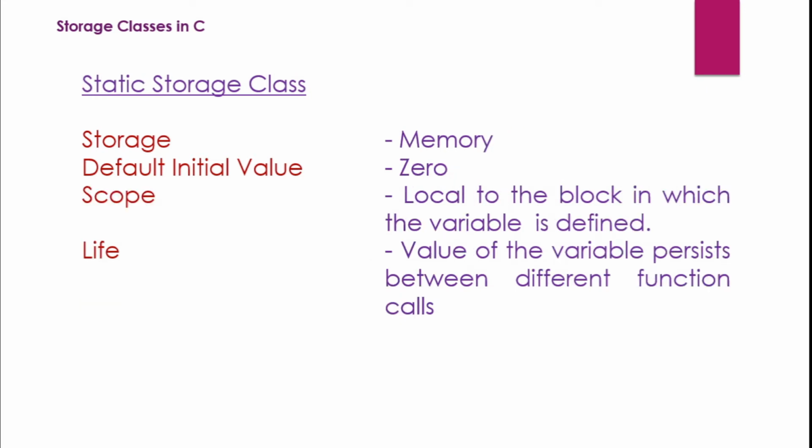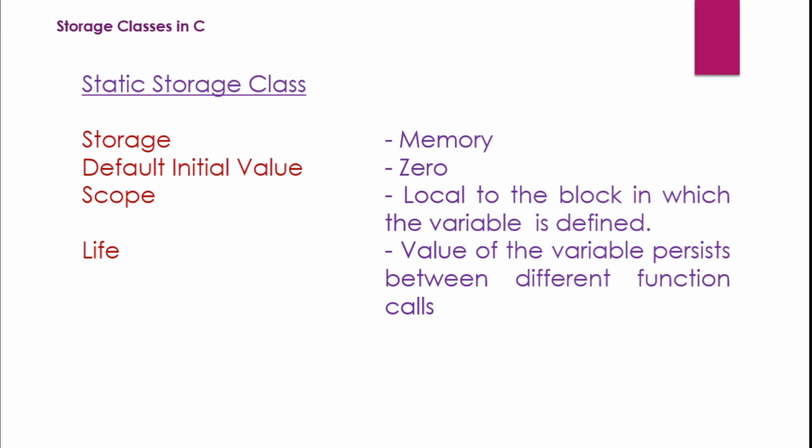The third, the static storage class, is somewhat different from automatic and register. The static storage class has a memory location for storage. It has a default initial value: it is initialized as 0. The scope is local to the block in which the variable is defined, like auto and register.